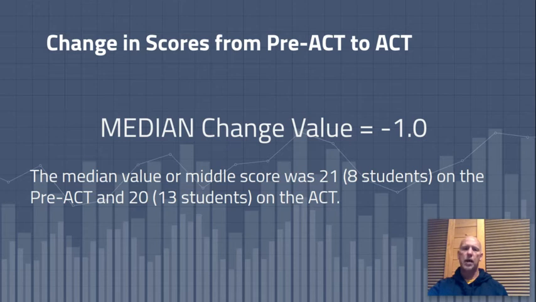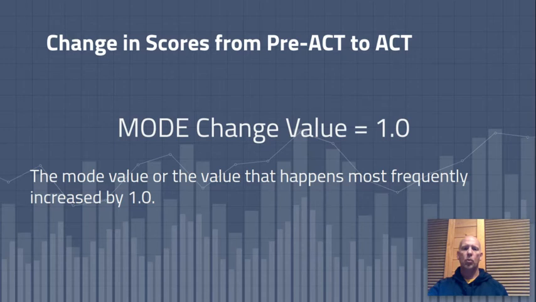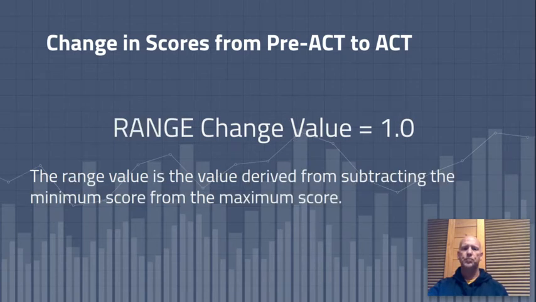The range change value, so the value derived from subtracting the minimum score from the maximum score, the change was a 1.0 increase from pre-ACT to ACT. I also calculated the individual range or change value to be 12.